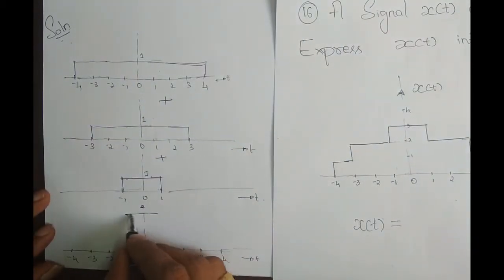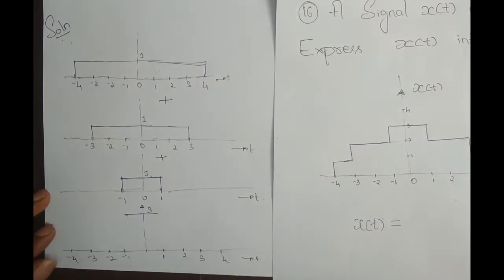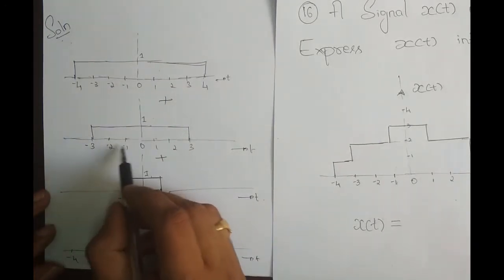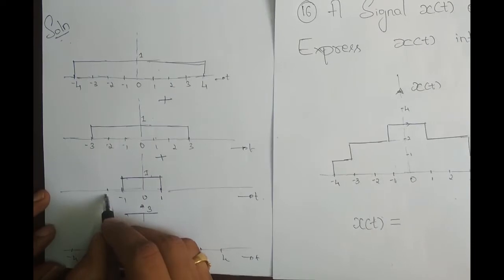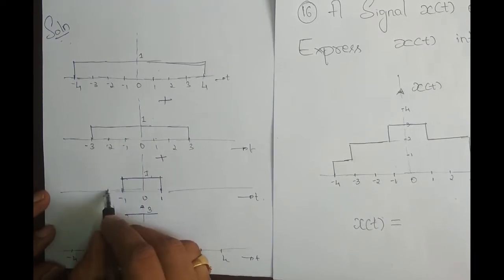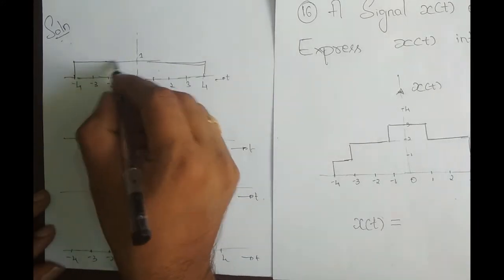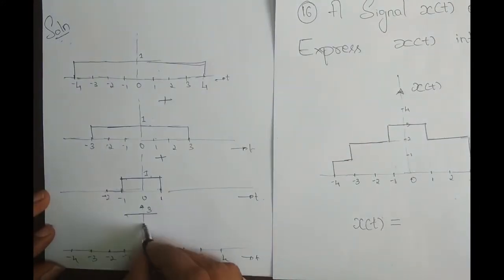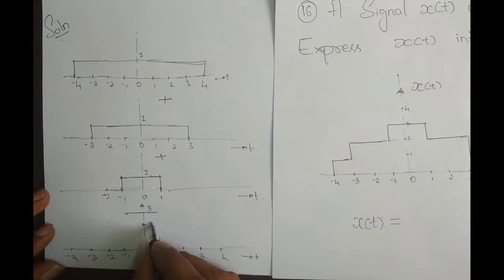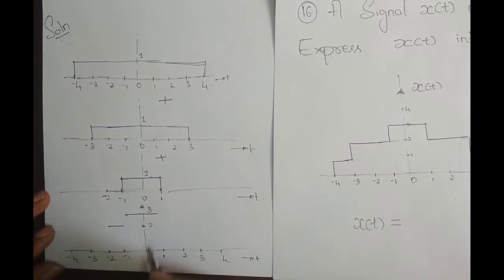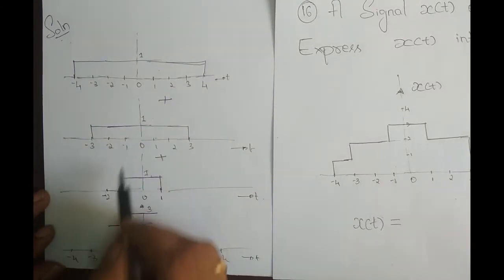So this amplitude is 3. Now from -2 to -1, the amplitude of the first signal is 0, plus the second signal is 1, plus the third signal is 1. So 1 plus 1 is 2.